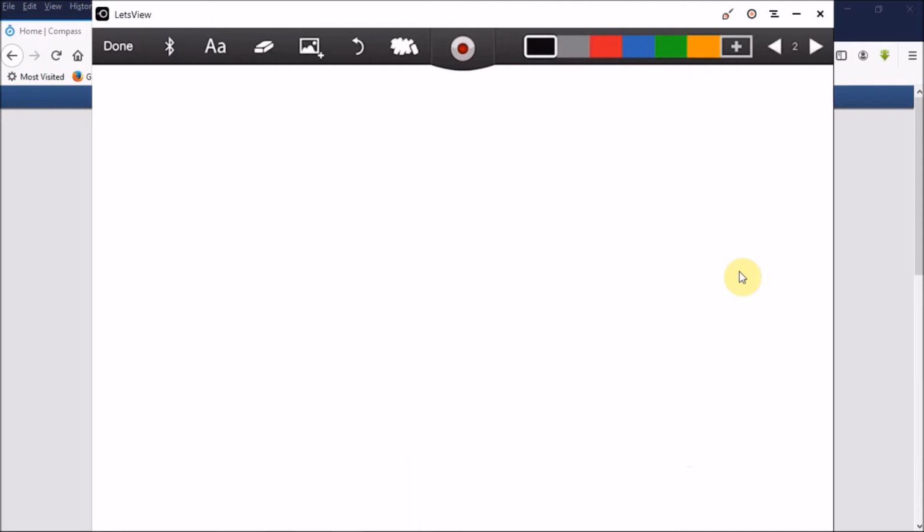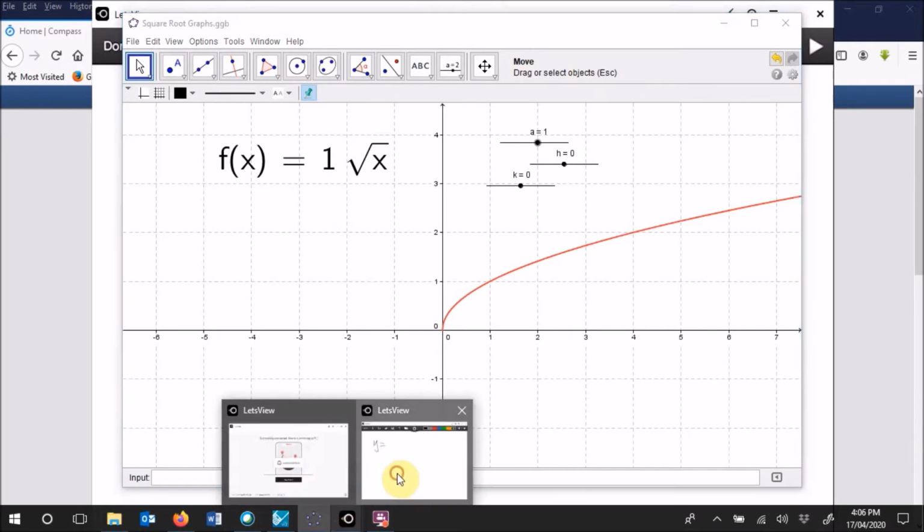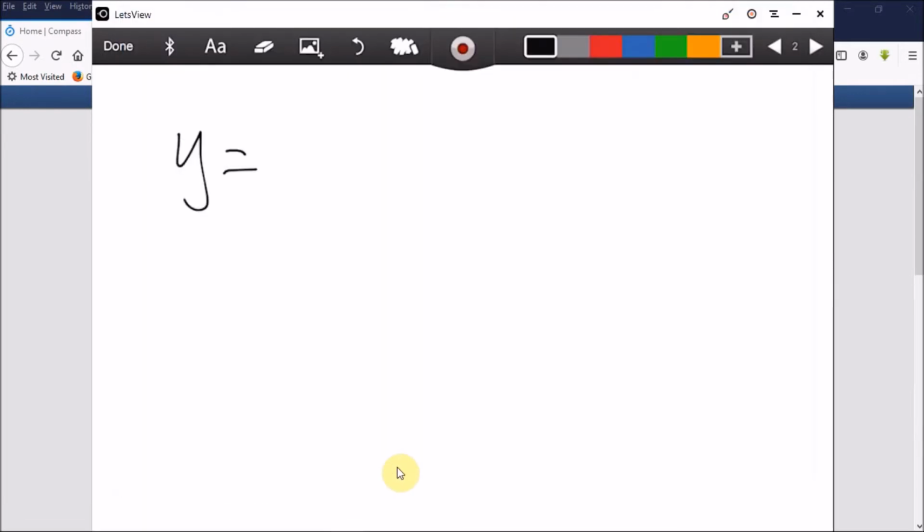But what we can do is transform it in a certain way. In that graphic that I showed you, we can see that there's a number there. So we could have a number out in front, which we would use as an a, outside the square root.